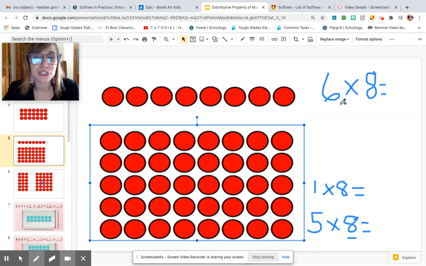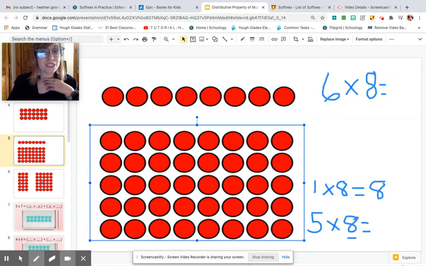And I am doing that by splitting up that problem into 2 simpler problems and then putting them back together again with addition. So I know my 1s. 1 times 8 is 8. And I know my 5s. I can count by 5s up to 8 and I have my answer. 5, 10, 15, 20, 25, 30, 35, 40.